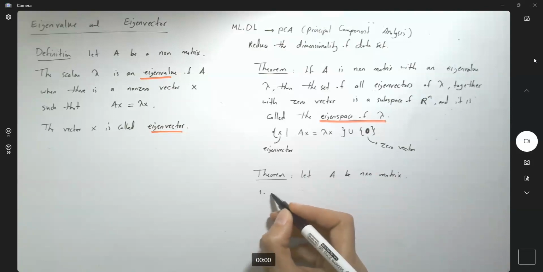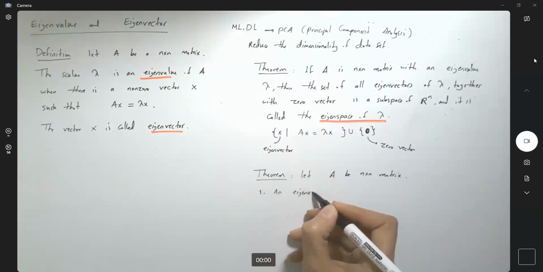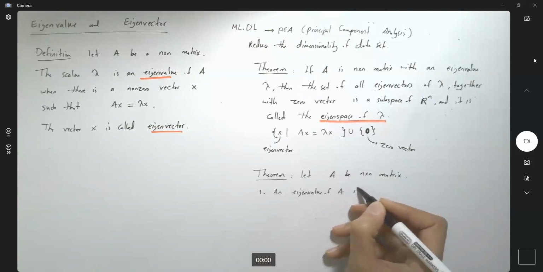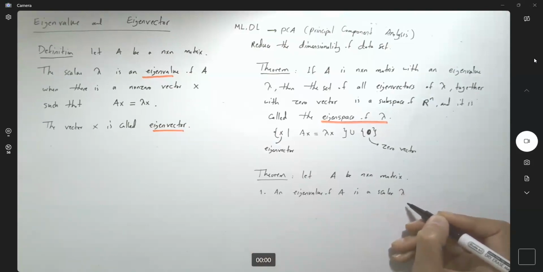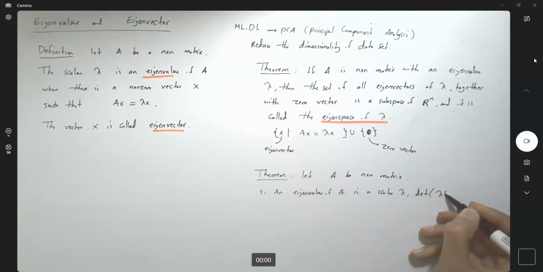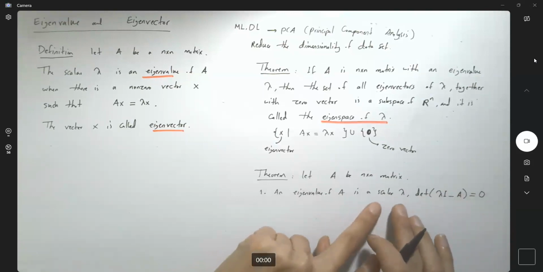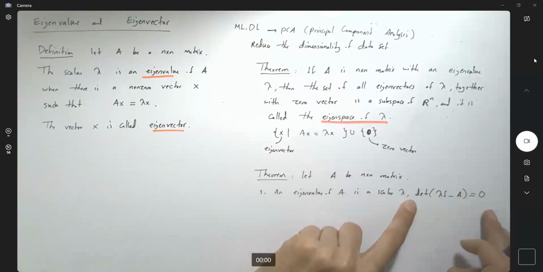First of all, an eigenvalue of A is a scalar, like lambda, such that the determinant of lambda times I minus matrix A is 0. It gives us some shortcuts to find the eigenvalues. So to find eigenvalues, you only need to set up the determinant equal to 0 and solve.